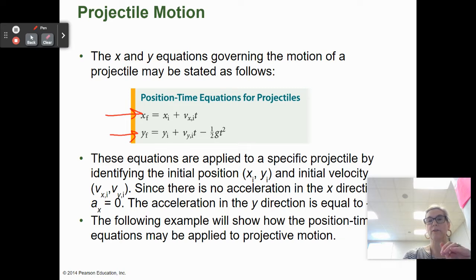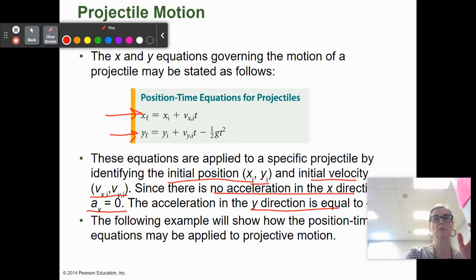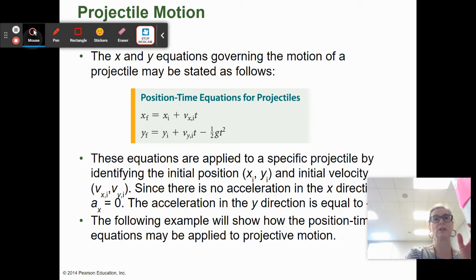So you'll have the initial positions, xi and yi. The initial velocities would be the initial velocity in the x direction and the initial velocity in the y direction. Okay, now there is no acceleration in the x direction, so that ax is always going to be 0, and the acceleration in the y direction is always going to be equal to gravity. That's going to be negative 9.8 meters per second squared. So let's look at a sample problem to get an idea of what we need to do with this.